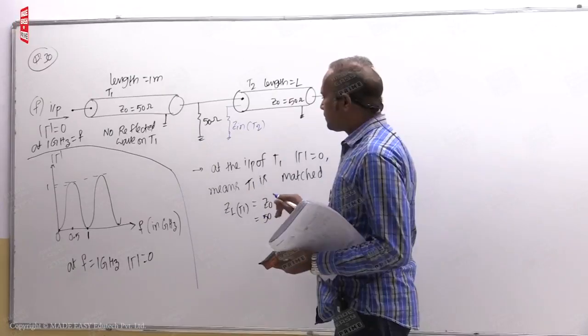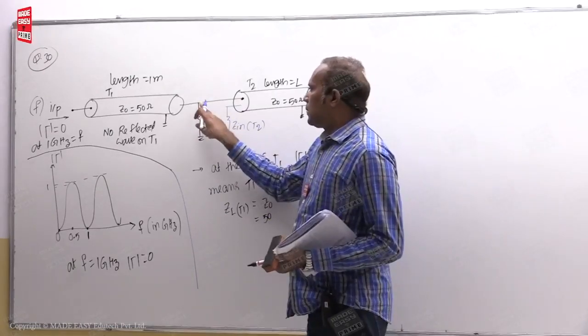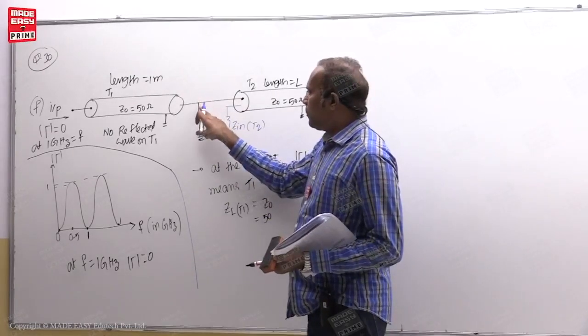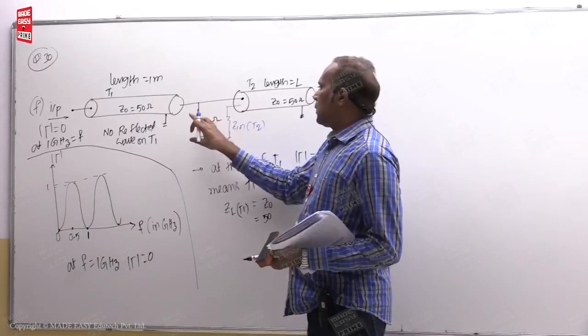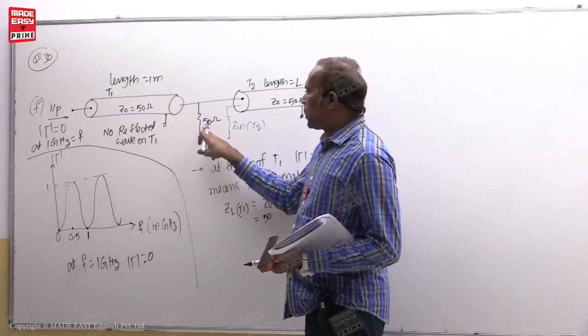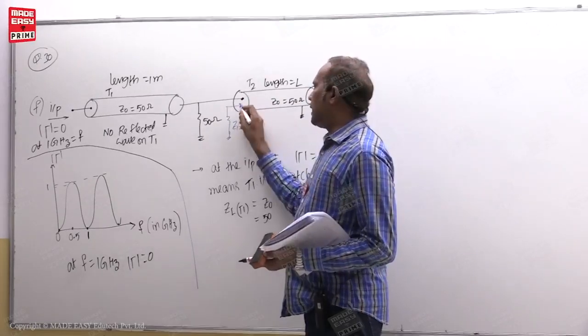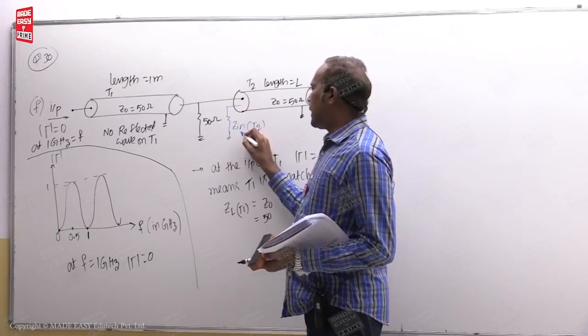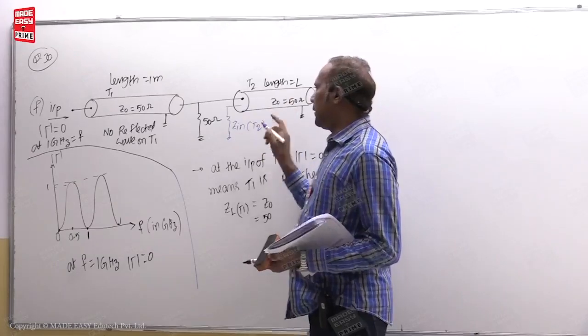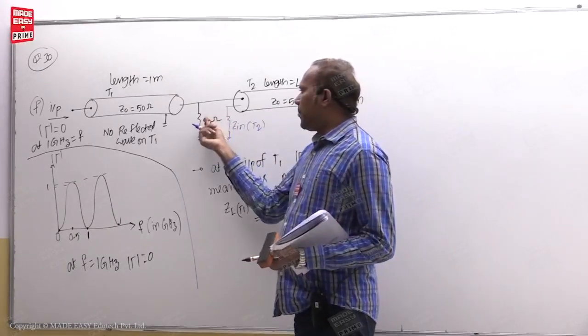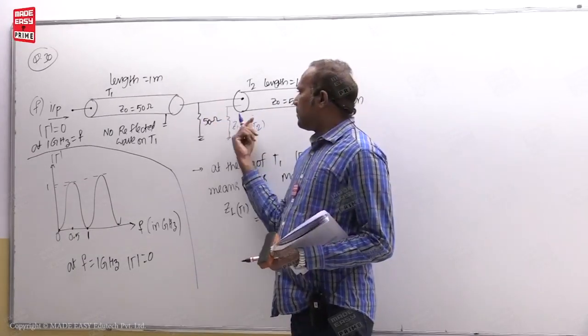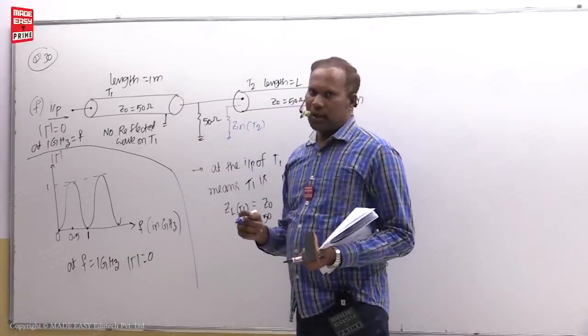Once again I am telling, the output of 50 ohm is connected to the input of this one. So let us say the input of this one has Zin, the input impedance of the T2 line. Now the parallel combination of these two becomes the load impedance to this one.